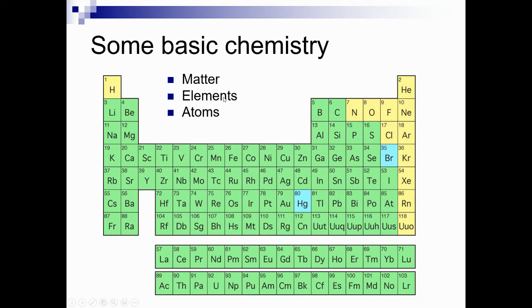And one unit of any one of these is an atom. So an atom is a single unit of any of these elements. None of these can be broken down into smaller subunits and still retain the properties they have. So this is the simplest unit.